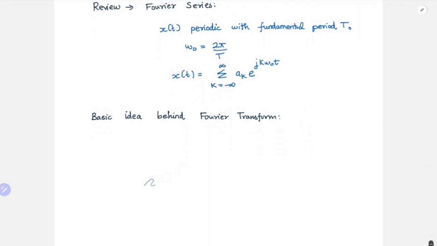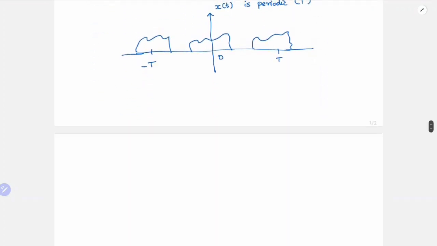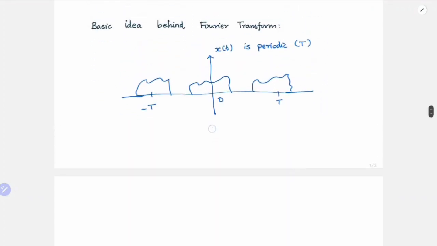So let us take any periodic signal x of t, which has some structure, and the time period is T here. Now let's say we want to construct an aperiodic signal which is just having one period of x of t, and it is 0 outside.